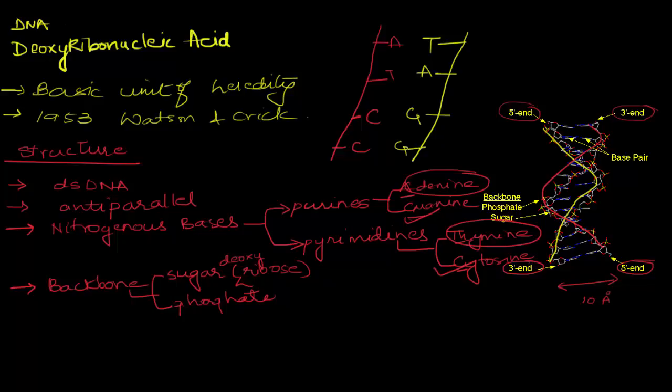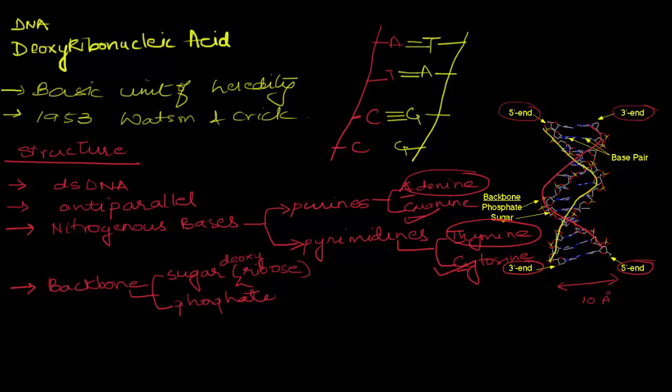Present between adenine and thymine is a hydrogen bond which connects these two nitrogenous bases together, and A and T are connected with two hydrogen bonds. But between cytosine and guanine, instead of two, we have one more hydrogen bond. So overall, 3 hydrogen bonds are present between guanine and cytosine, and this is common across the board.